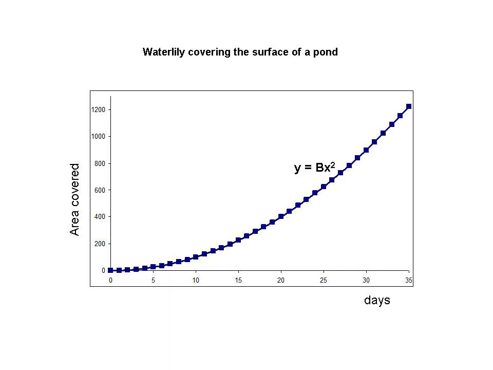When we try to explain the water lily example with a mathematical function, we can use an x squared function, or we can use an x cubed function. The idea is that, let's say, we know that at 35 days, the water lily coverage will be 1200 unit squares, which means that the whole pond is covered.